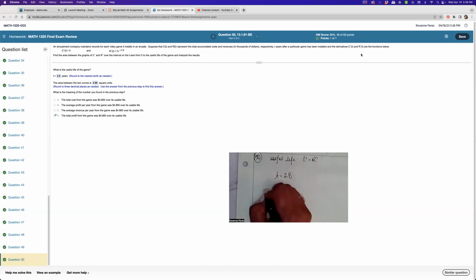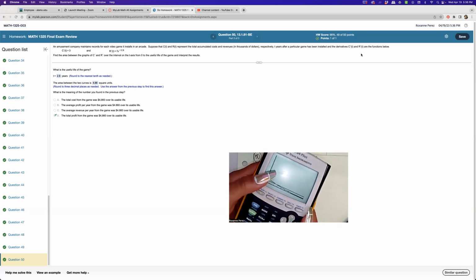And find the area between the curves. So we're going to evaluate. Oh, okay, so here, let's go back to our graph. I'm going to change the window a little bit.